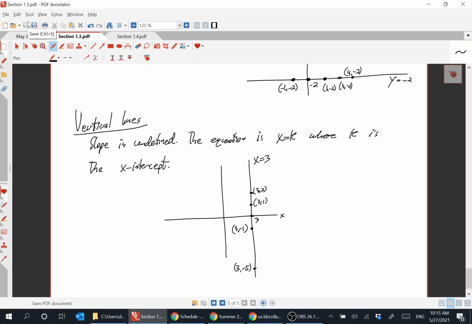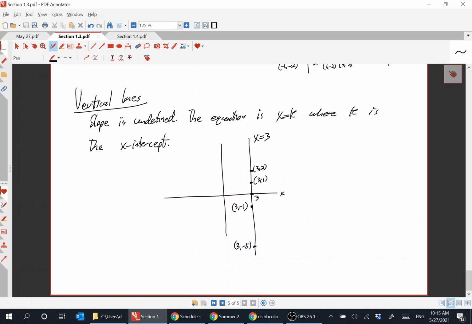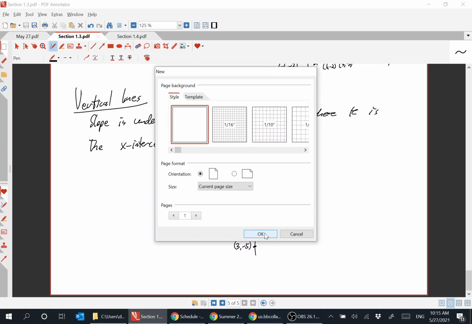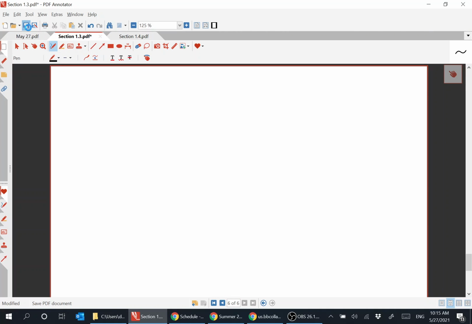Couple more facts about lines. Two lines are parallel.